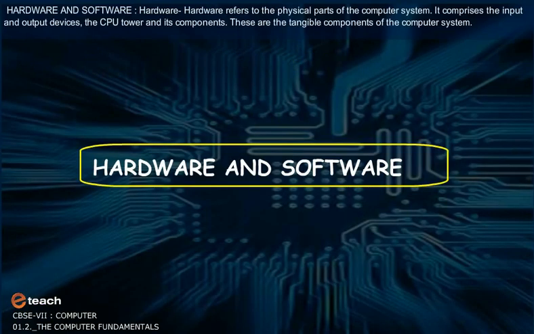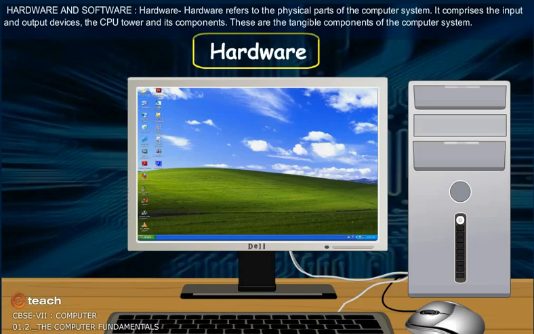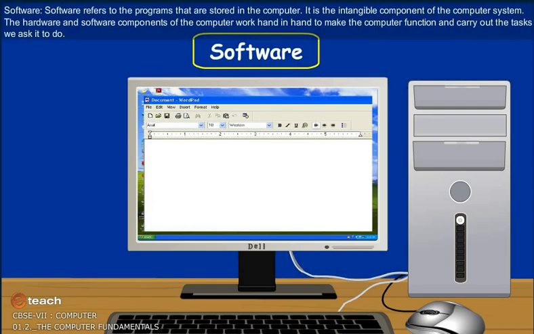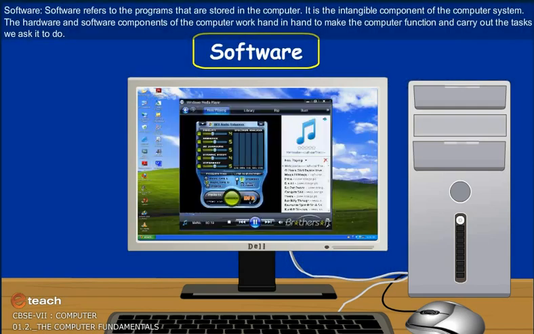Hardware and software. Hardware. Hardware refers to the physical parts of the computer system. It comprises the input and output devices, the CPU tower and its components. These are the tangible components of the computer system. Software refers to the programs that are stored in the computer.